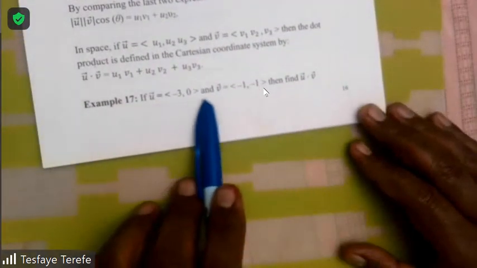So without going further, why not find the dot product of these two vectors given in component form?